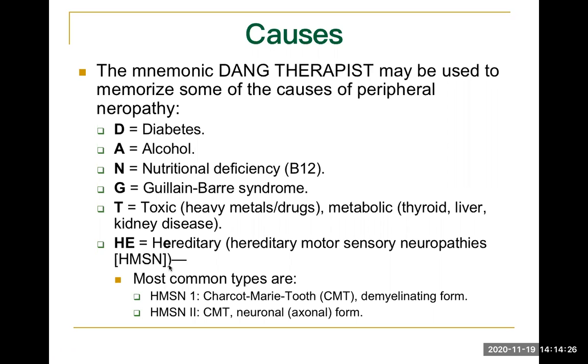The most common types here are hereditary motor sensory neuropathy 1 and 2, and they are also known as Charcot-Marie-Tooth disease. Commonly used question in the exam. Now this of course runs in the family, that's why they are known as hereditary conditions. Multiple genes are involved there, and they run in the family.